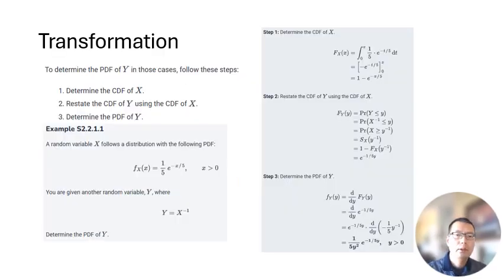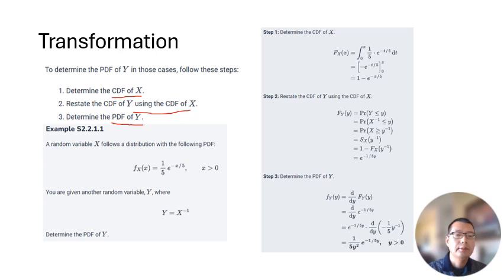If we recall what we did in the past few slides, when we do the scale distribution, we are really doing a transformation process where we first determine the CDF of x, then we restate the CDF of y using the CDF of x, then determine the PDF of y.